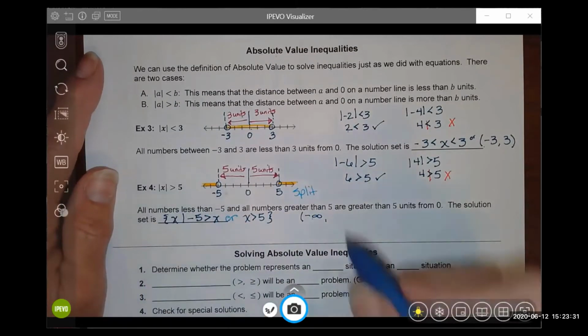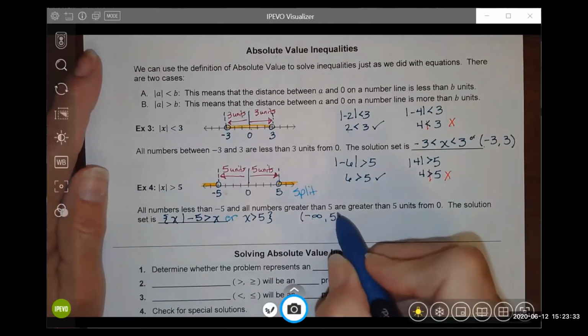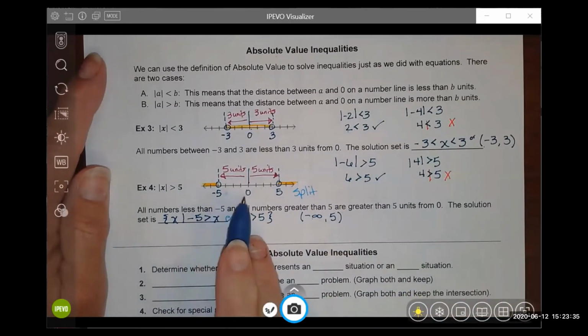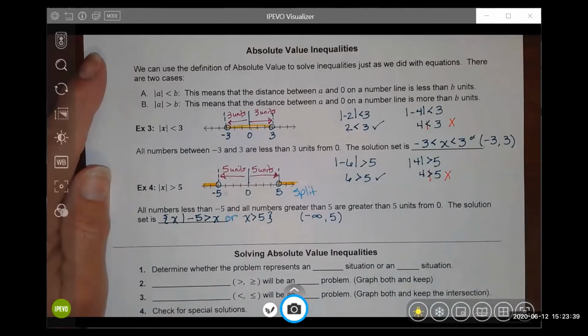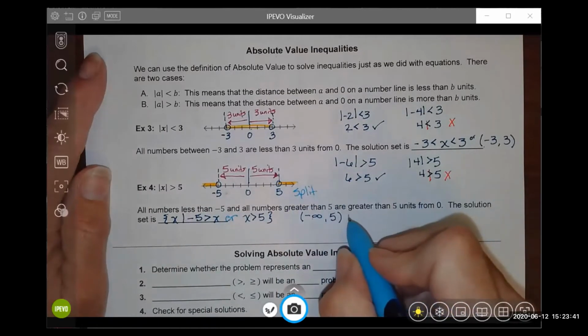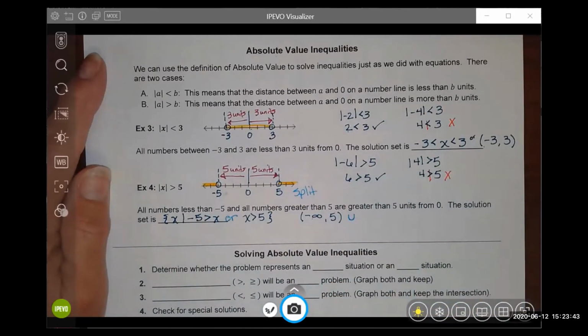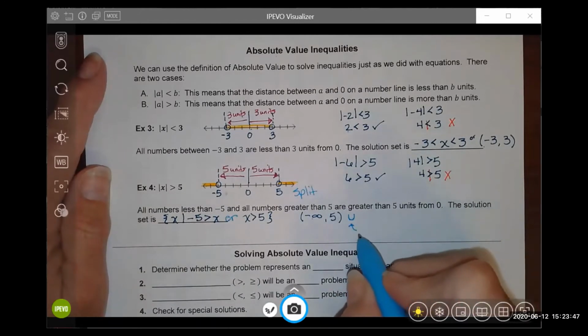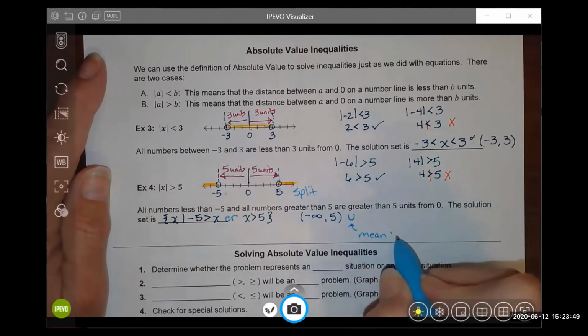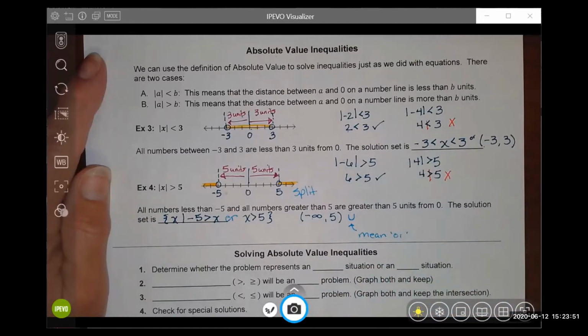I have to be greater than 5 units away from 0. So this represents the left-hand side of my graph. And I put this capital U looking thing, that's interval notation. It means or. That's kind of a fancy schmancy thing.